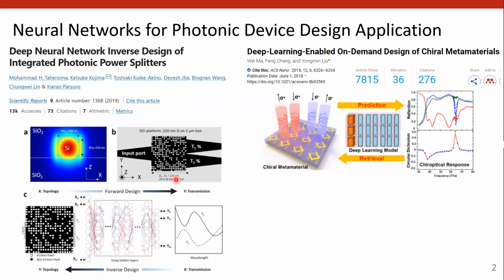For example, in this work, they targeted to design a power splitter in the silicon-on-insulator platform for a broadband device. The design area consists of a 20 by 20 grid. They have the choice to fill the space with silicon or silicon dioxide. So basically the design space is 2 to the 400th choices.